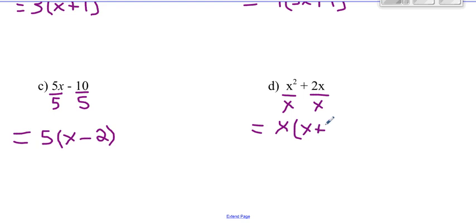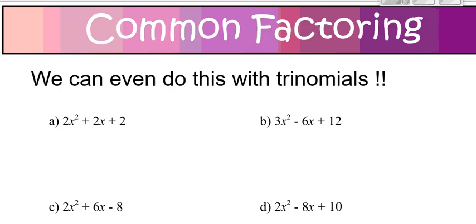All right, common factoring. We can even do this with trinomials. So this is the exact same thing. All of a sudden, we just have 3 terms now. So we're looking at all 3 terms to figure out what the common factor is. So in this case, hopefully it's fairly obvious that each one of these numbers is divisible by 2. They all have 2 as a coefficient, so I can divide them all by 2.